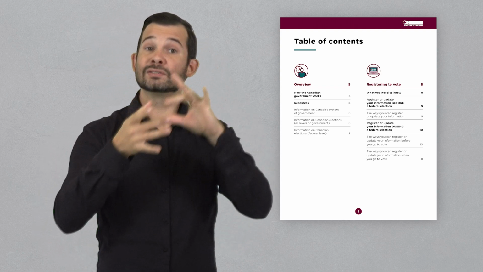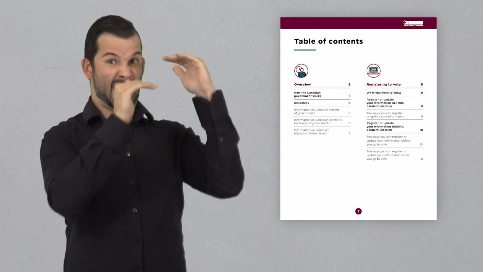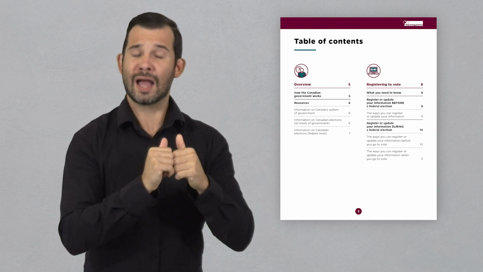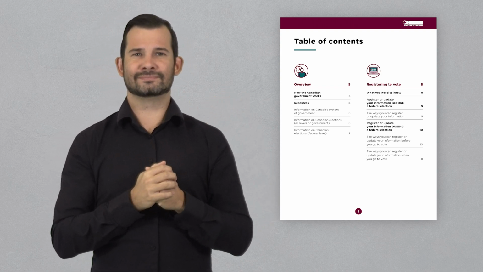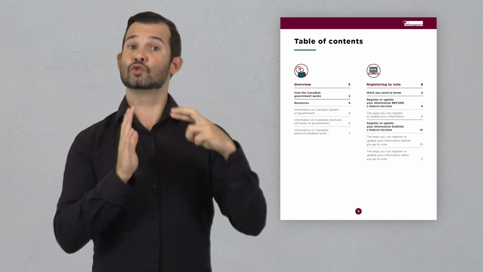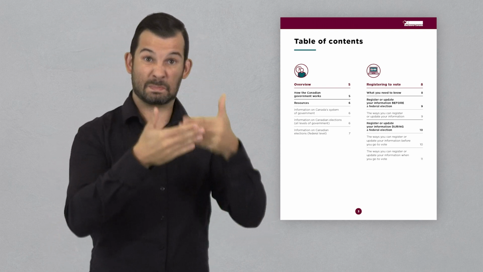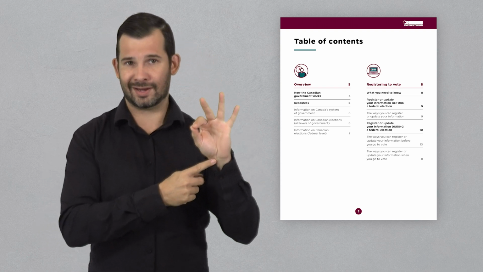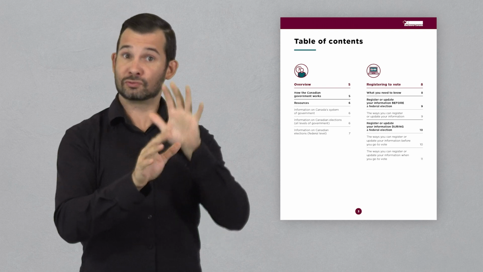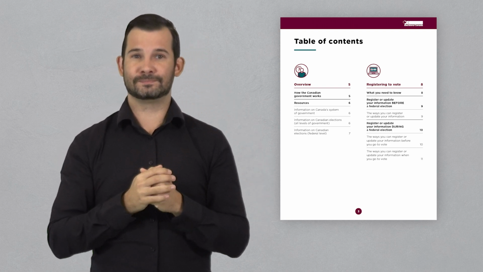Information on Canadian elections, federal level, 7. Registering to vote, 8. What you need to know, 8. Register or update your information before a federal election, 9. The ways you can register or update your information, 9.